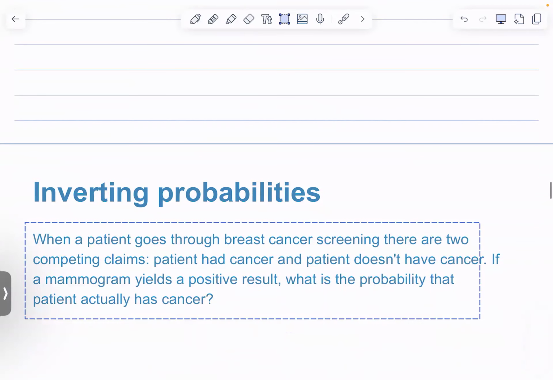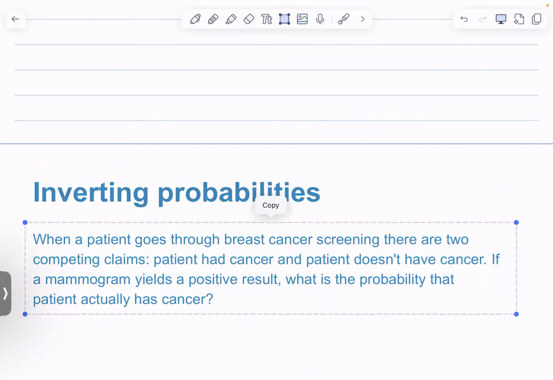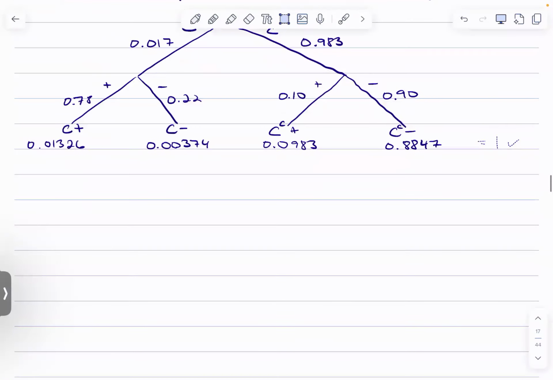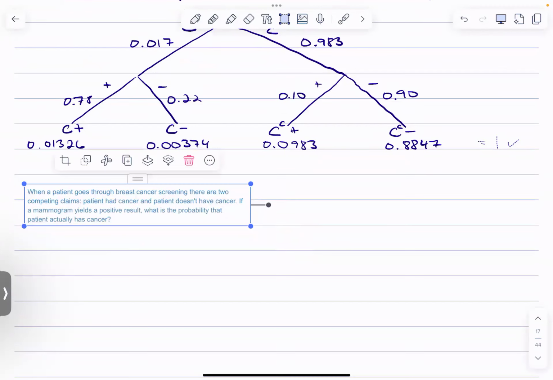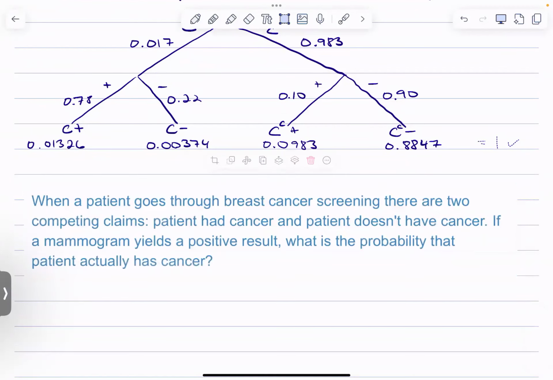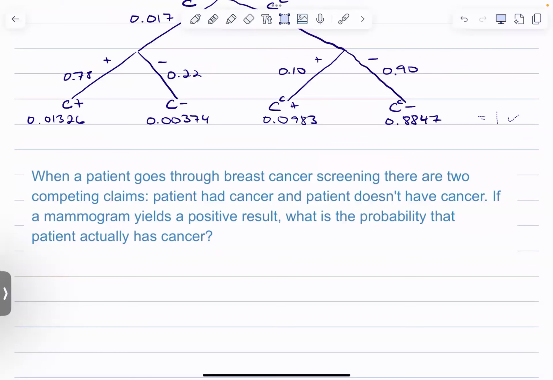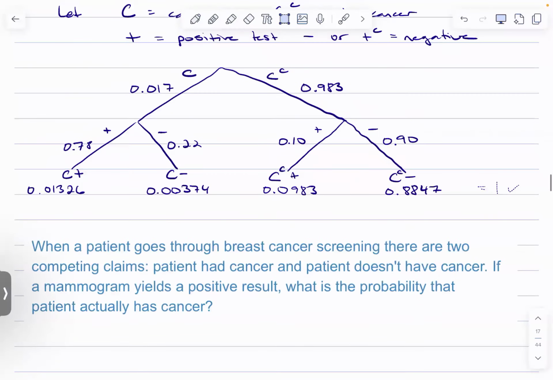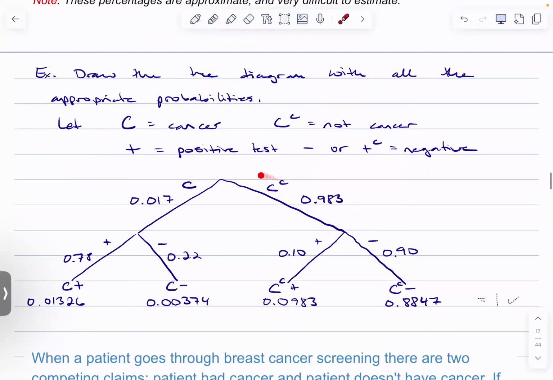Let's grab this one. I usually put quite a few marks on the tree diagram. Being able to set this up and then using it to answer some questions, using your tree diagram, that's fine. But setting this up is a lot of work, so usually that's a lot of marks.